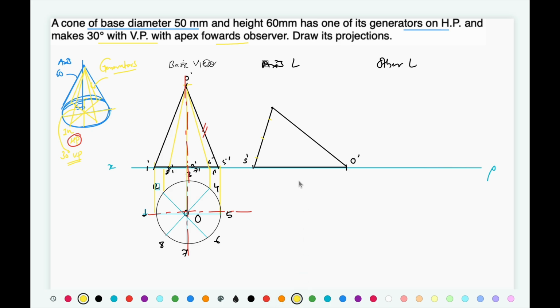Okay, now this will try to become a horizontal line. Name all the points. So this is 1 dash, 2 dash, 3 dash, 4 dash, 6 dash, 7 dash and 8 dash.